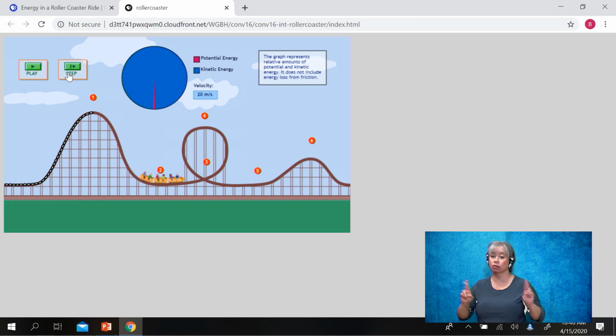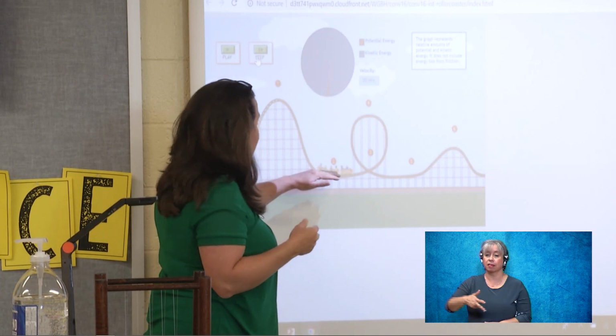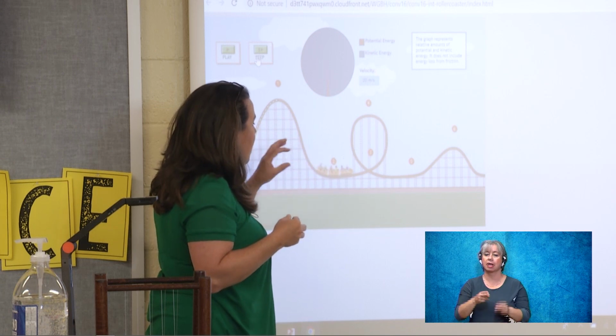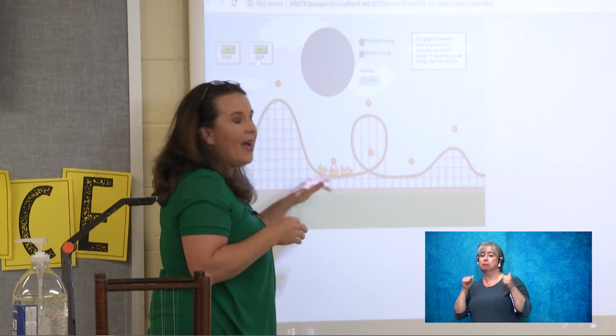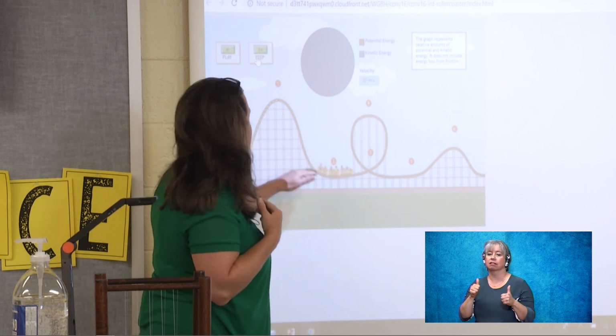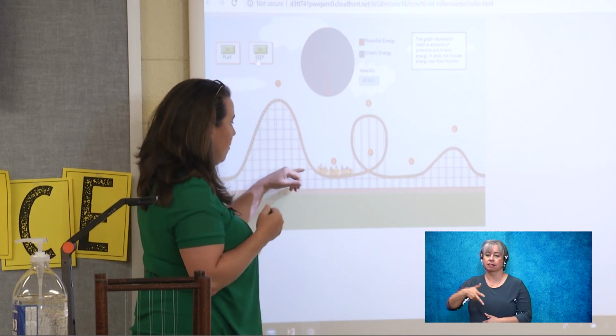And there we are. So as you can see, potential energy is converted into kinetic energy. And I'm going the fastest I can go at the bottom of this hill. Remember, kinetic energy is your mass and speed. I'm going as fast as I can, the most speed at the bottom of this hill.